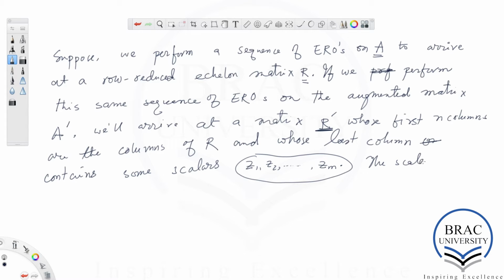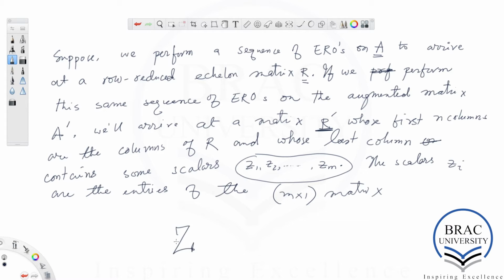The scalars Zi are the entries of a certain m times 1 matrix. So we put it in a matrix form and we call that matrix Z, given by these m scalars, Z1, Z2, all the way down to Zm.